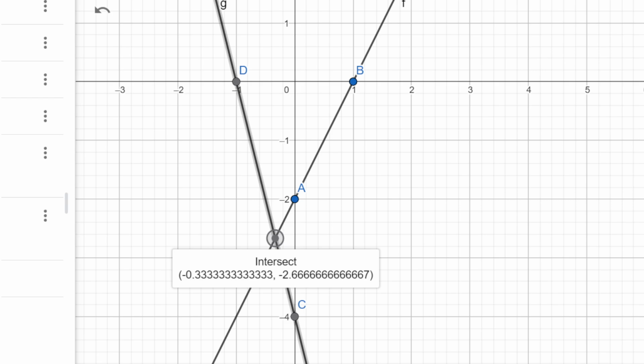Let's just cross check the values. 0 comma minus 2, 1 comma 0. Second one, 0 comma minus 4, minus 1 comma 0.